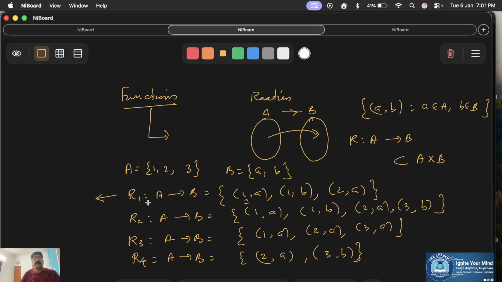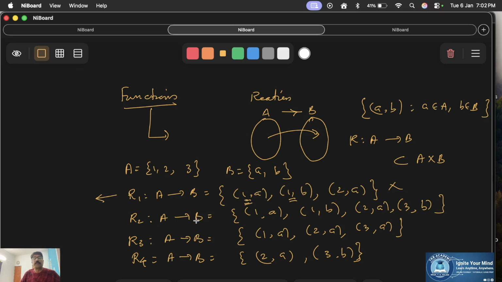Let us examine whether R1 is a function or not. A consists of the elements 1, 2, 3. Of course, 1 has come in the first position of the first pair, but 1 has come repeatedly in the second pair also. Therefore, this cannot be a function, because 1 has two images here. a and b are the images of 1. This is not allowed in a function.